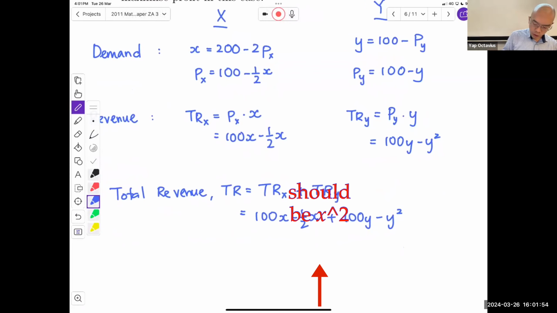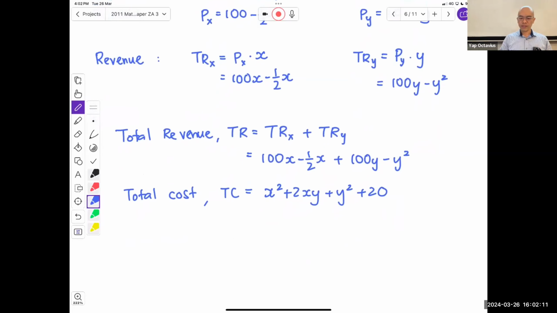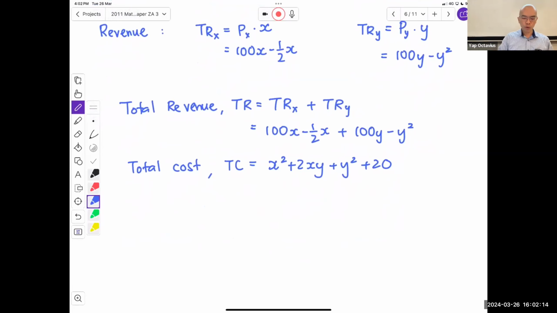Okay, our total cost is given on top. So the total cost is given as x squared plus 2xy plus 20. Okay, time for you to work. Write down the profit function.